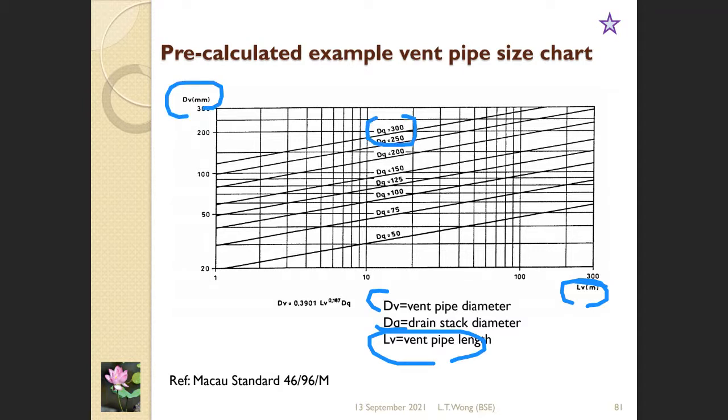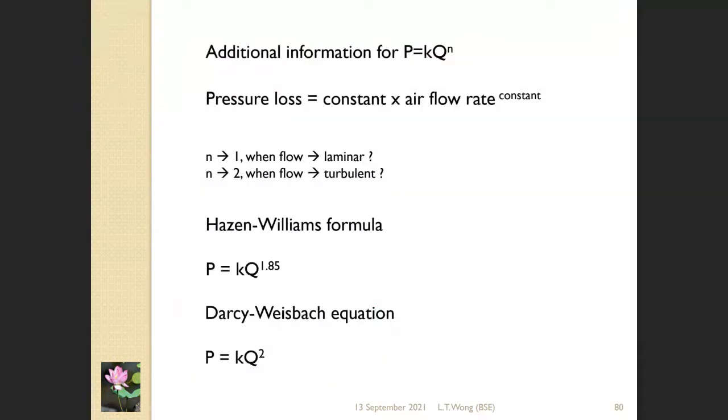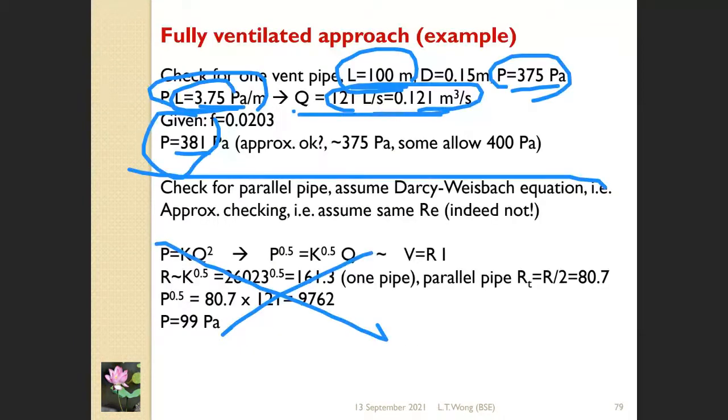Just for example, for a 150 stack and a 100 meter ventilation pipe, the required ventilation pipe size is 150 already, which is the same as the calculation result of the previous example. So that is more or less okay.